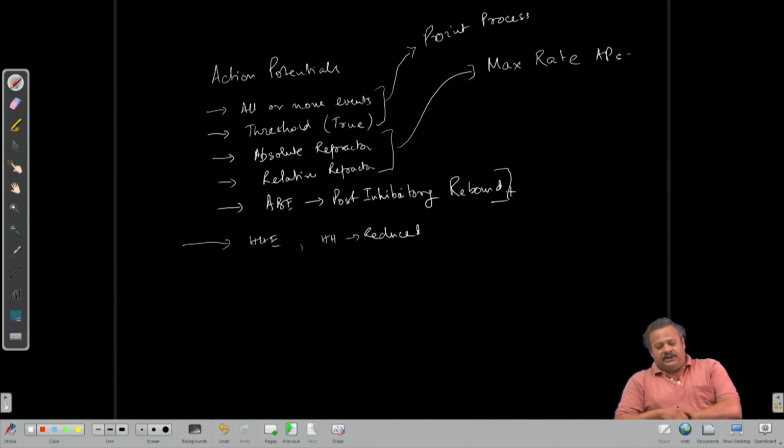So since the rate of action potentials is an important measure of response, it also becomes important to model the firing rate with simpler models of neurons.